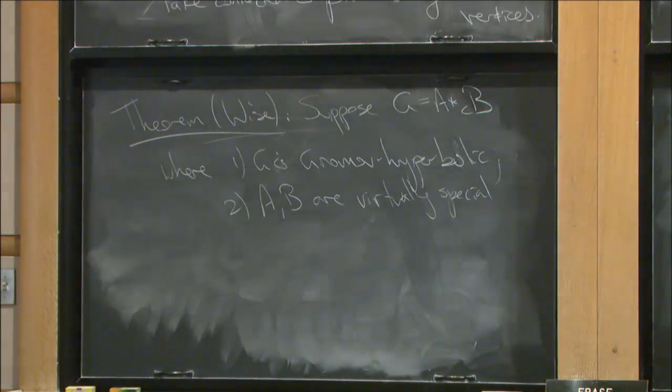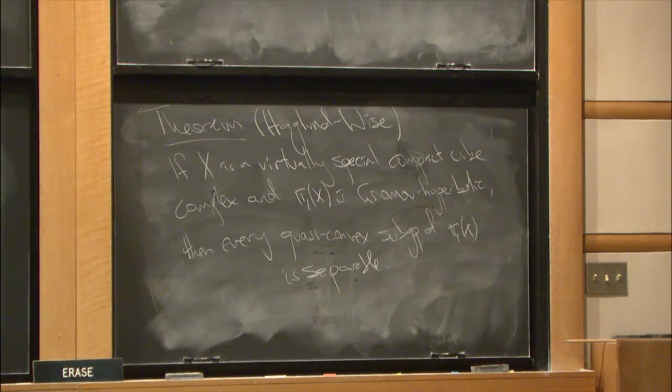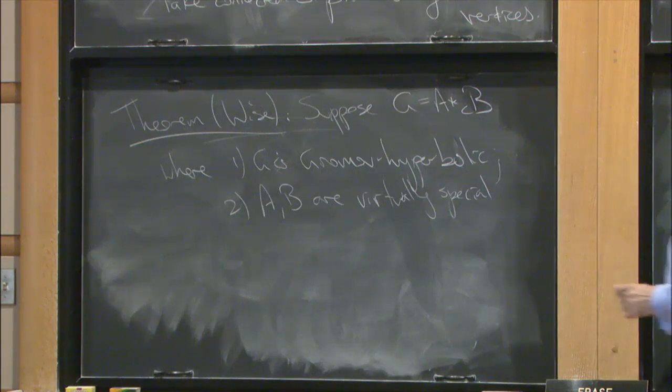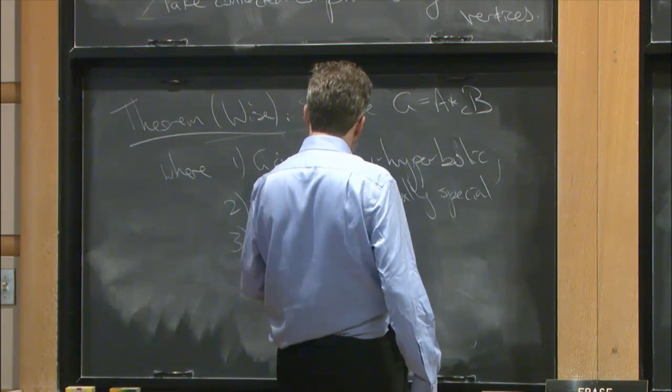So what does it mean for a group to be virtually special? It means it's got a finite index subgroup which is the fundamental group of a special cube complex. And 3, C is quasi-convex in G.